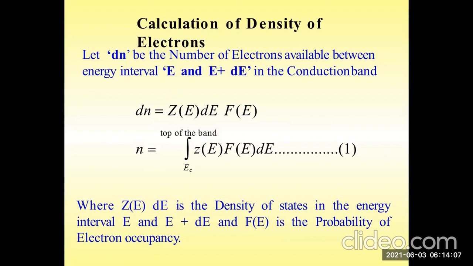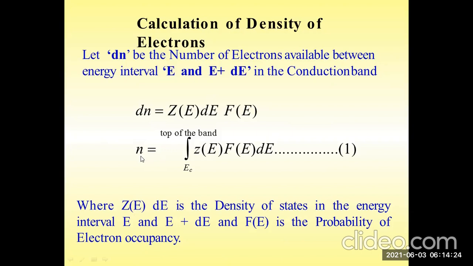We cannot know exactly how many electrons are there, so wherever in mathematics we are not aware of the exact thing, we use the probability concept. So it is Z of E into F of E into dE.